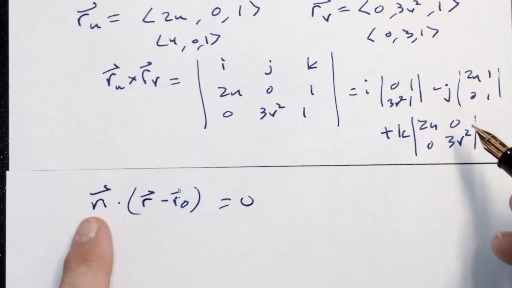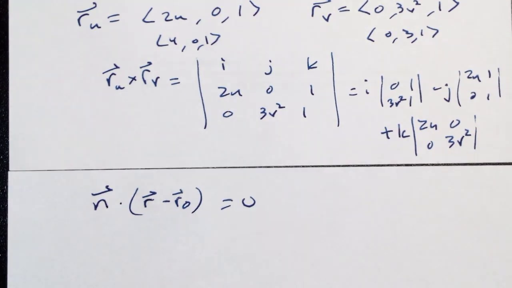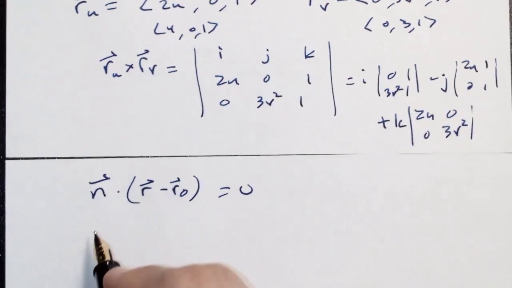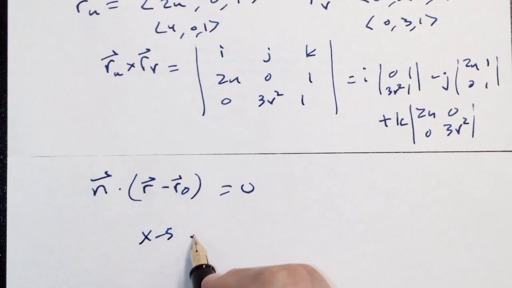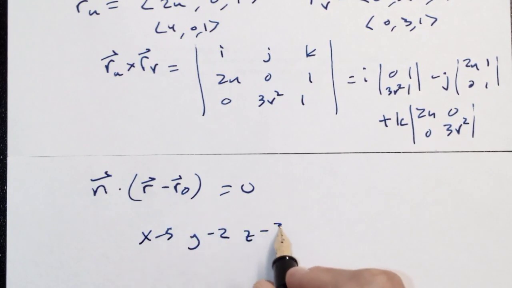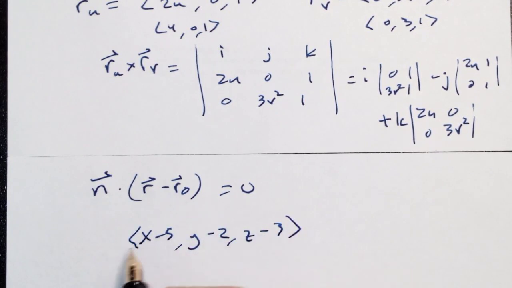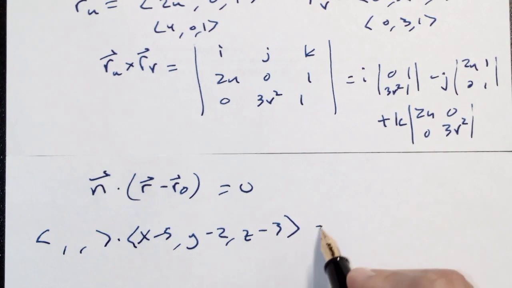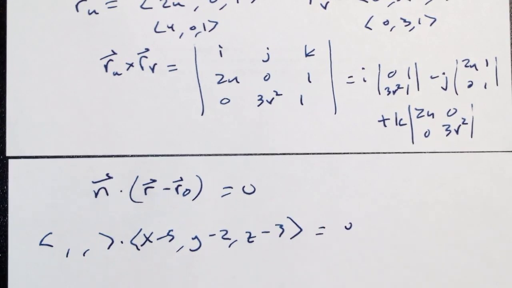You just found n. The r naught is the point you were given. So that's x minus 5, y minus 2, z minus 3, and then whatever you came up with for your normal vector. That was on exam 1, that formula. Now you know why we keep the index cards.